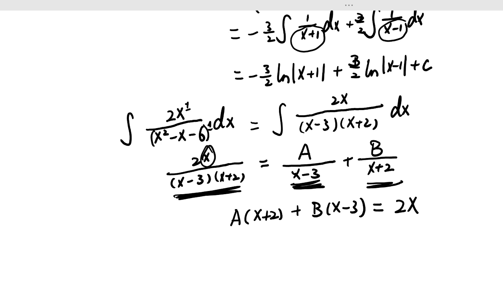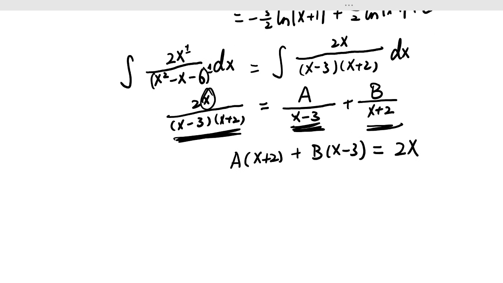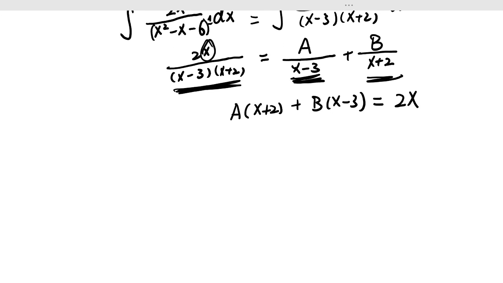The second one, we're going to have x equals 3, so that 3 minus 3 is 0. For x equals -2, that's going to be B times (-2 minus 3) equals -4, because -2 times 2 is -4.